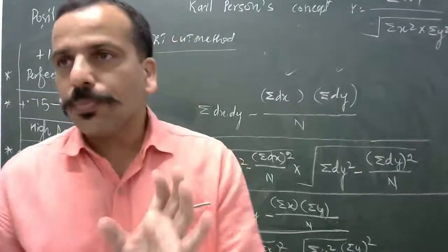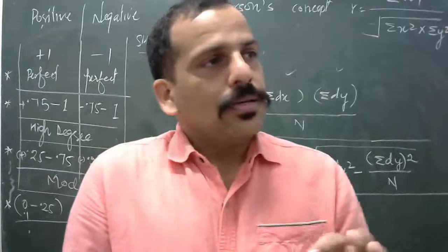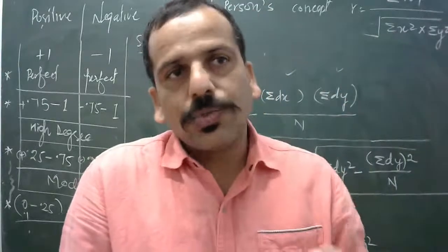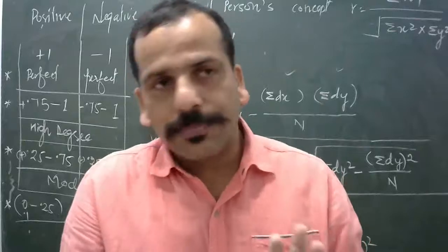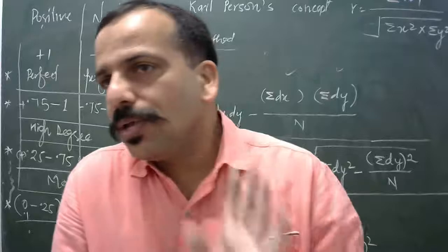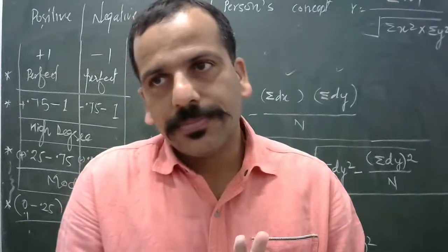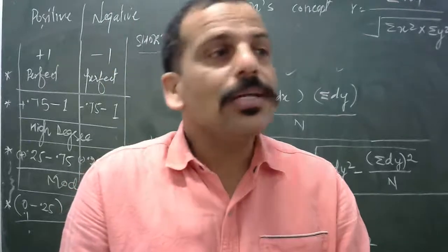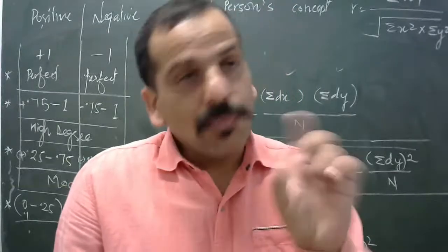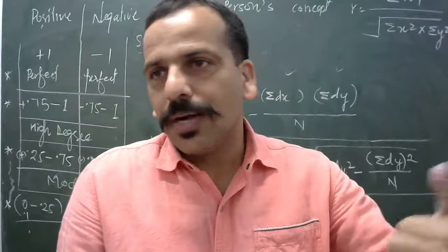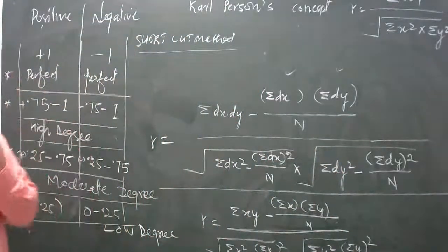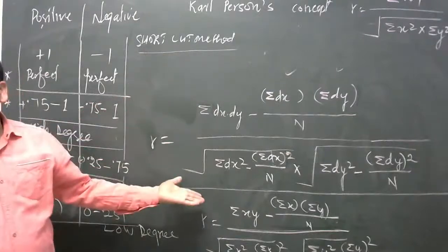Why take an assumed mean? To avoid fractions, like 20 divided by 3. Your mean x or mean y may be in fractions, which makes the calculation lengthy. If you want to avoid that and want absolute numbers, then you may go for the shortcut method.